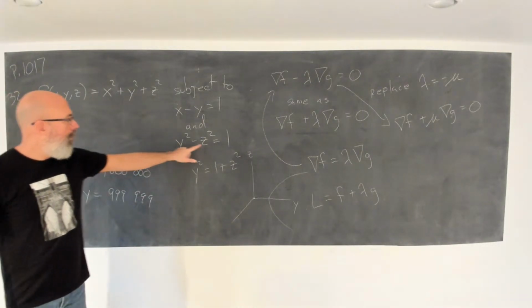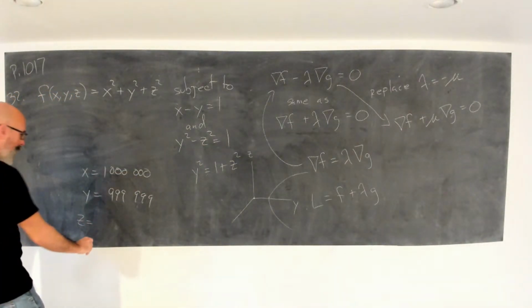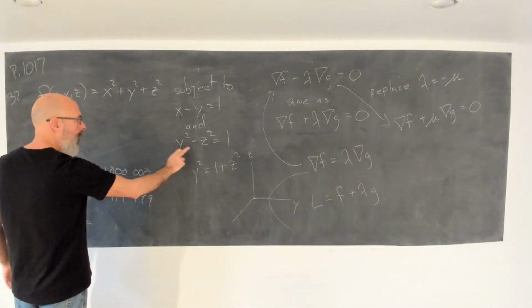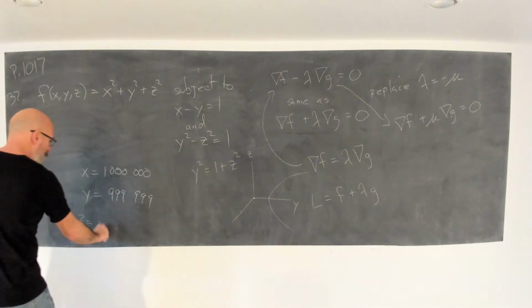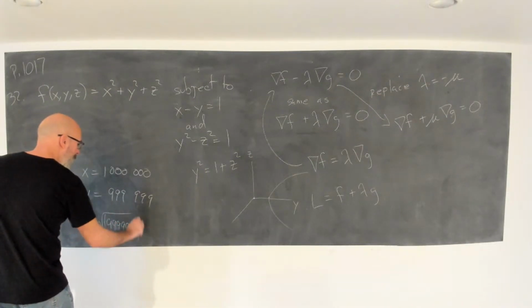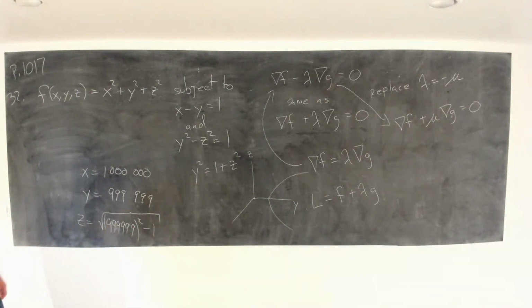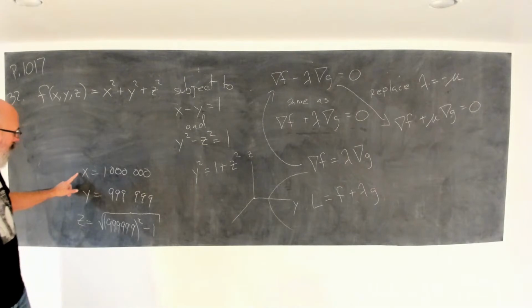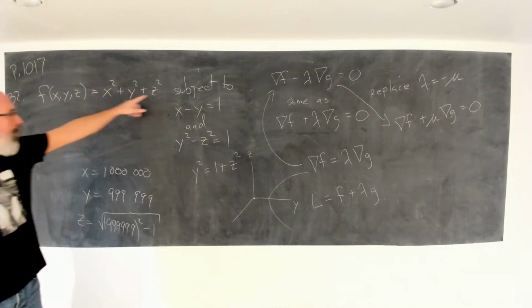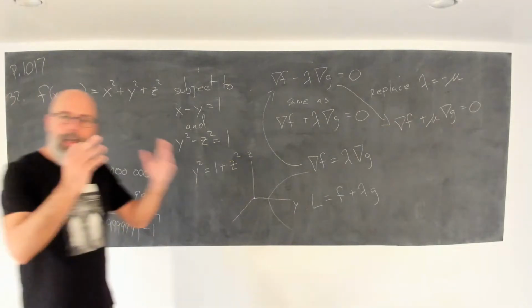And here, you're going to take z to be the square root. You want this squared. So square root of 999,999 squared minus 1. And you're good to go, right? This x, y, and z satisfies both of these. And you see that, I mean, then you can make it as large as you want.